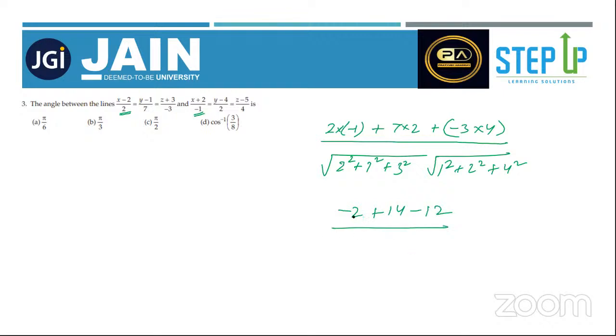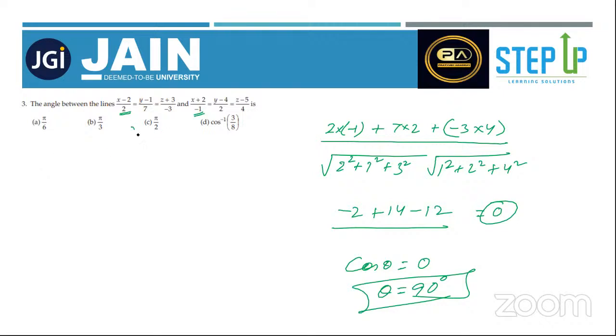So minus 12 minus 2 is minus 14, and 14 is 0. So again cos theta, we are getting it as 0. So what is theta equal to? Again 90 degrees. So the answer of this question is also option C, that is 90 degrees. Any doubt, anyone? Guys, any doubt?